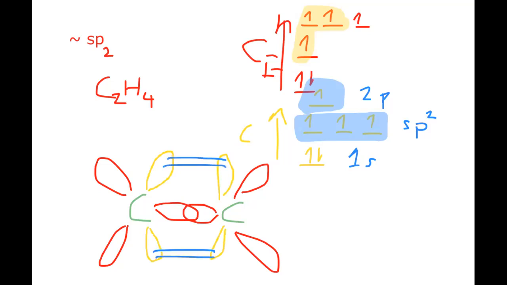And one above and one below, this forms one complete pi bond. Over here, we have hydrogen, hydrogen, hydrogen, and hydrogen. They have one s orbital, so that is spherical.